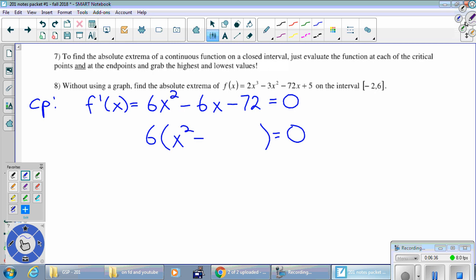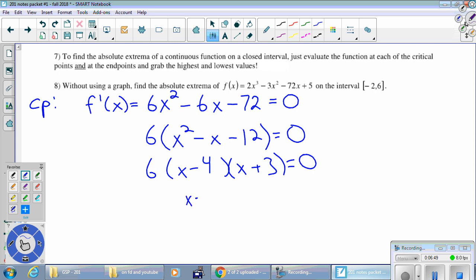So x squared minus x minus 12. And then this thing in the parentheses actually factors further. So I see x minus 4 and x plus 3. And then we set each of the parentheses equal to 0. And we get 2 critical points, x equals 4, x equals -3.